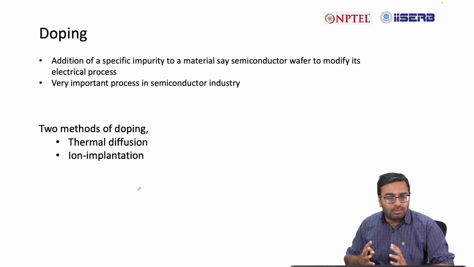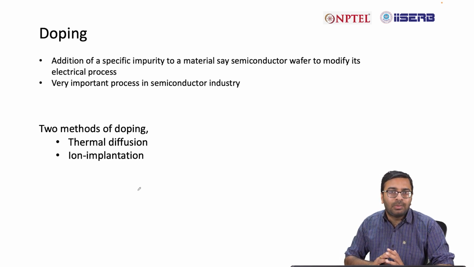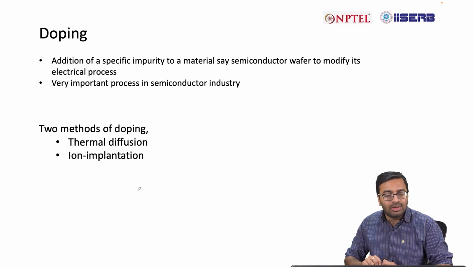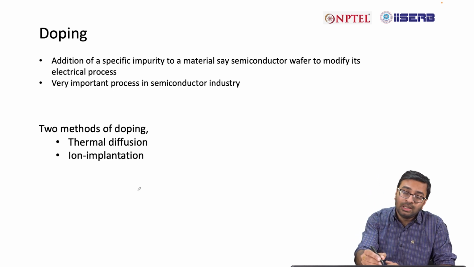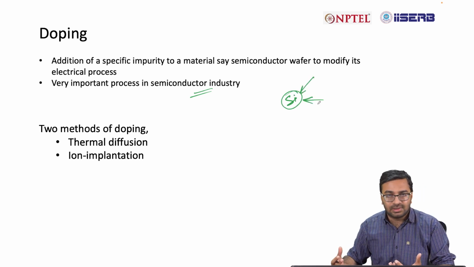So doping can help you in tuning mechanical as well as electrical properties. Now it's a very important process in semiconductor industry, because usually the semiconductor material that we use in industry, as of now, mostly it's silicon, and you need doped silicon in various devices, right?